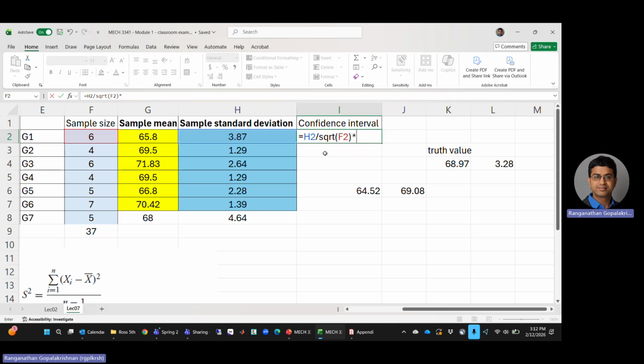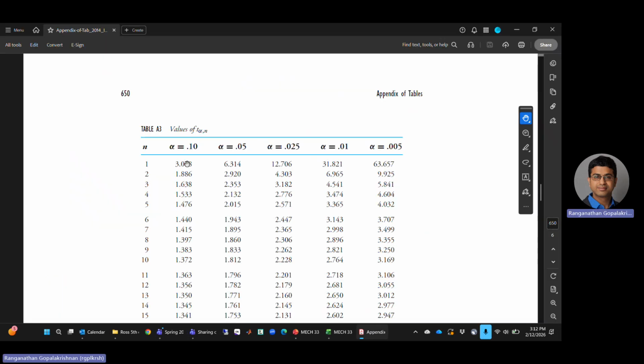I just took standard deviation 3.87 divided by square root of 6. If I wanted 90% confidence, what would I do? I would go here, pick up the first column and take 1.44. With me so far, even if it's not fully clear why, but at least you're following what I'm saying, right? I would pick 1.44.